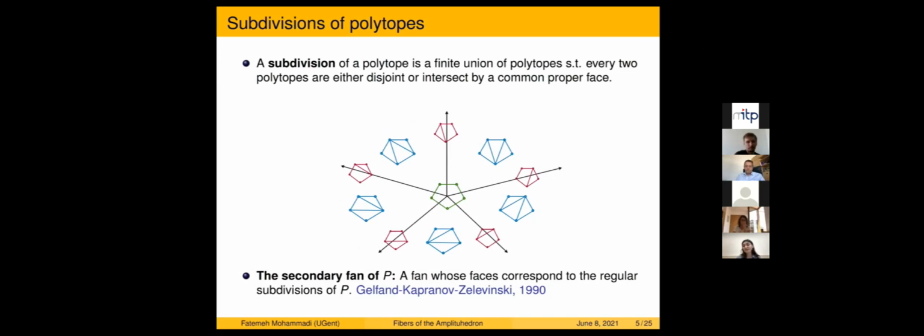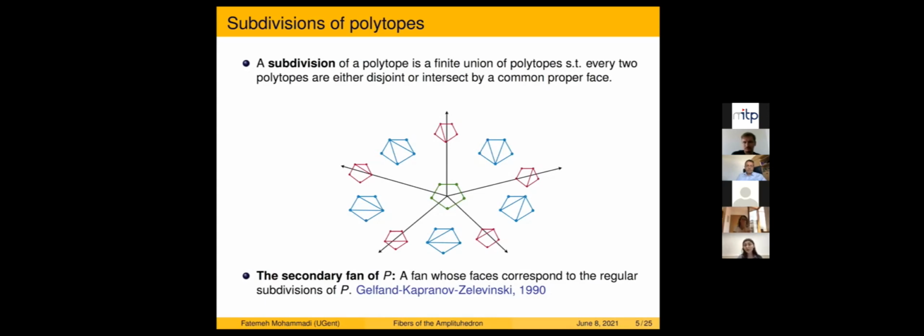For example, these polyhedral fans are pointed, so the center corresponds to the polytope itself, and the rays correspond to various subdivisions, and the maximal faces or the cones in your polyhedral fan encode the triangulations of the polytope.